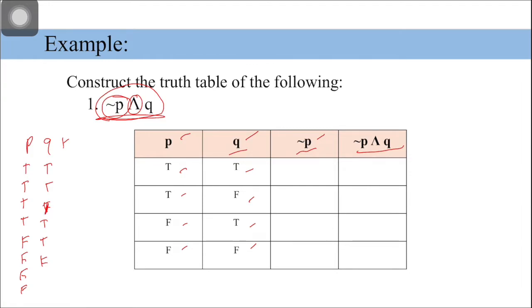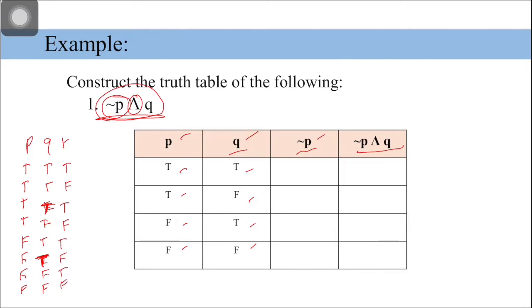This is true, true, false, false, true, true, false, false, true, true, false, false. Then one by one: true, false, true, false, true, false.